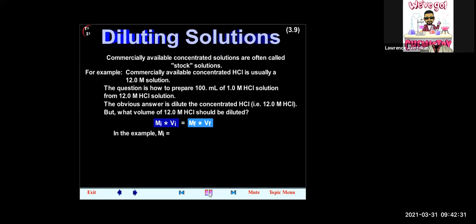Mi equals 12.0 molar. Vi is to be calculated. Mf equals 1.0 molar. Vf equals 100 milliliters.